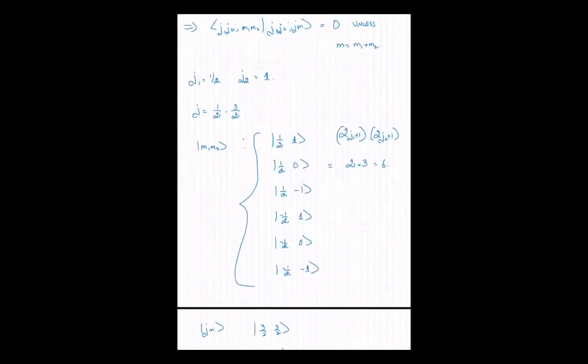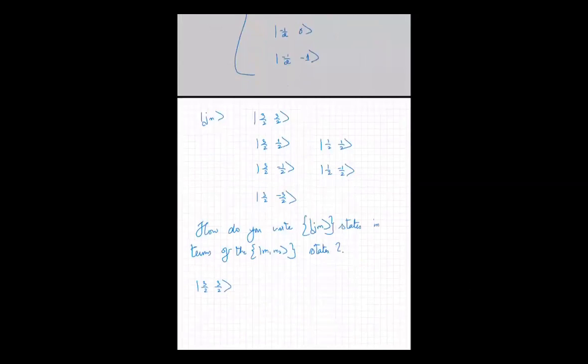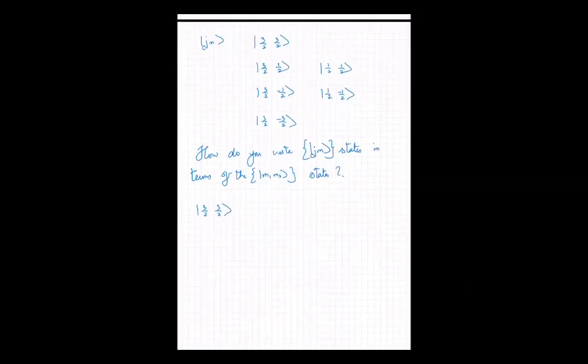So what are the possible states in this m1, m2 set whose addition can possibly give me 3/2? Well, minus 1/2 minus 1 is minus 3/2, so this won't do, right? Similarly, you can keep going up, and you will find that there is only one state in this basis whose m1 and m2 add up to 3/2, and that is the topmost state. So the topmost state in the first column is unique.